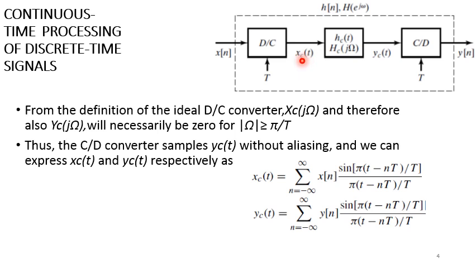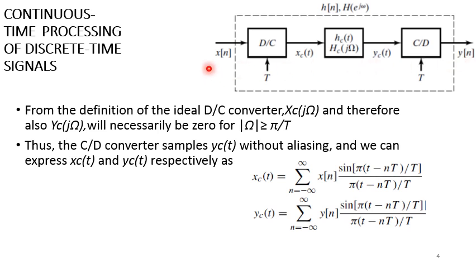So once the input signal is given to a continuous LTI system, we obtain the output signal, which is y_c(t), and because the desired signal is discrete, we again convert this continuous time signal into discrete time so that we obtain the desired result, which is discrete time, right?